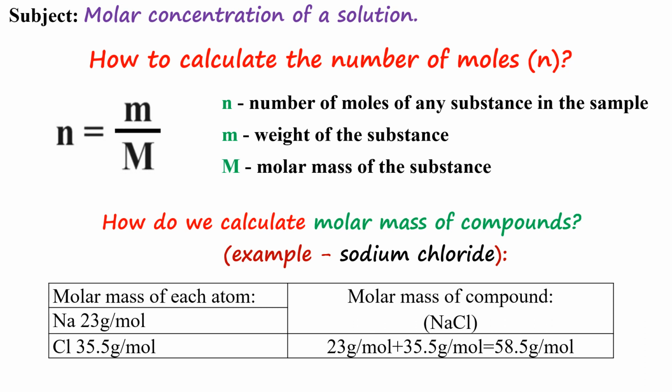So, to calculate the molar mass of a compound, we need to sum all of the molar masses of the elements in the molecule. We can always find the value of the atomic mass of each of the elements in the periodic table.